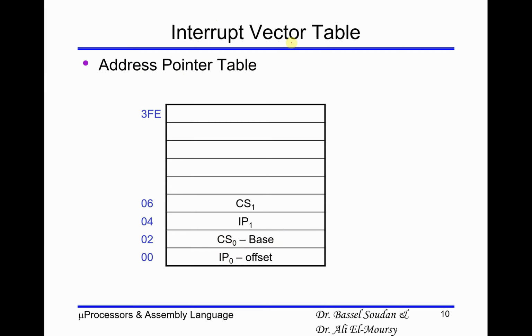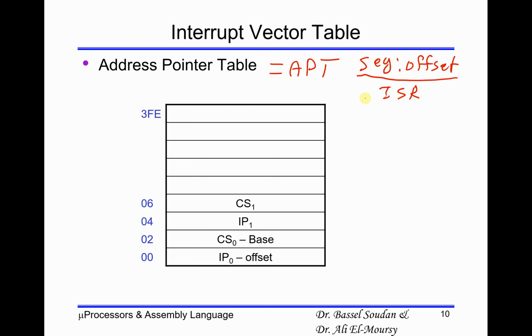APT stands for address pointer table. So the address pointer table carries the full address, segment and offset values for all the interrupt service routines of all the interrupts of the machine.